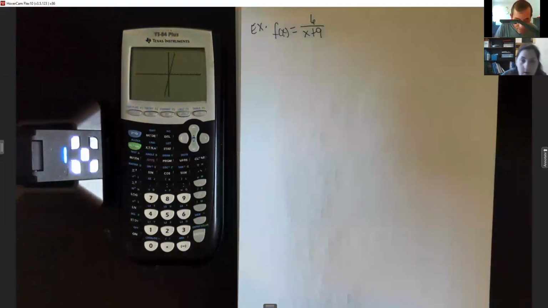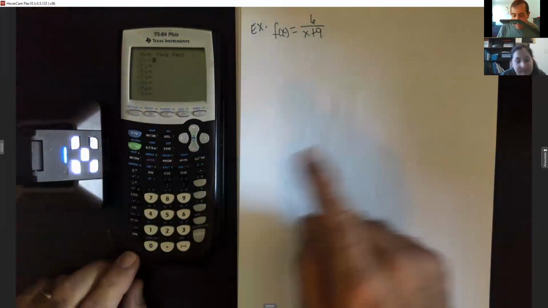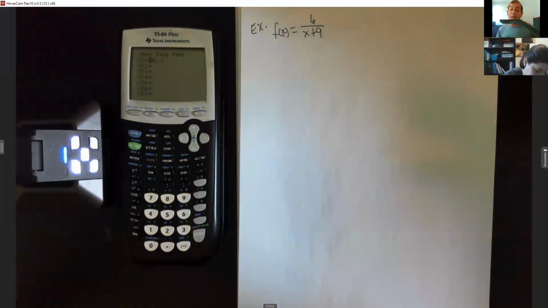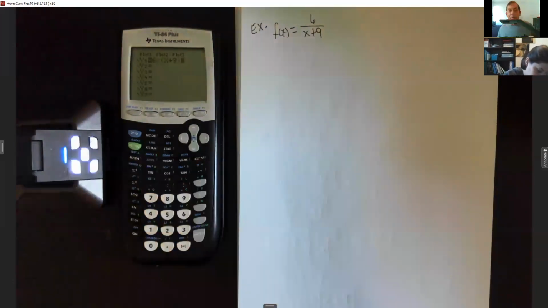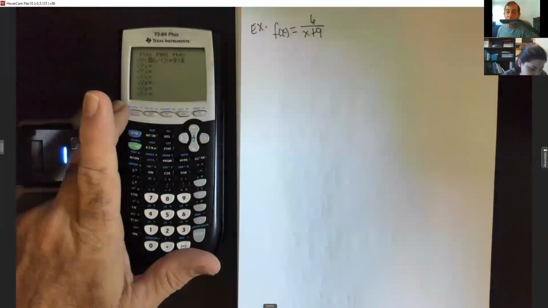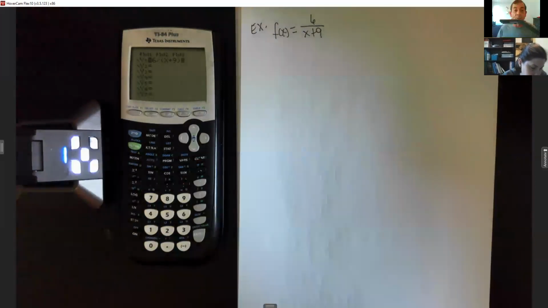All right, so let me go to y equals and clear that. So to put this one in, I'm going to do 6 divided by, and then I'm going to put that denominator in parentheses and do x plus 9. Now remember, y'all can use the alpha y equals, and it'll give you that fraction option you can do and put them in just like they look on this screen, okay?